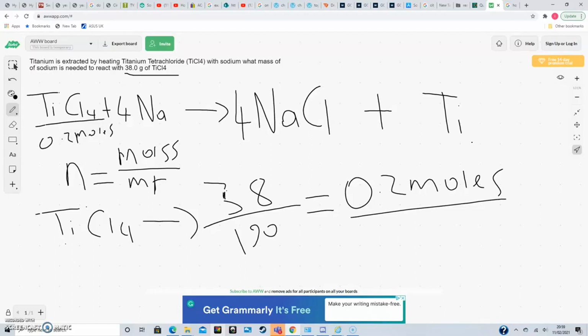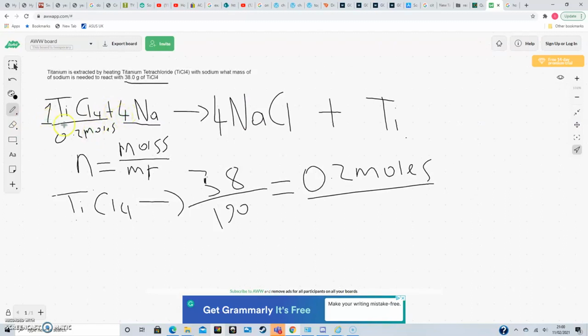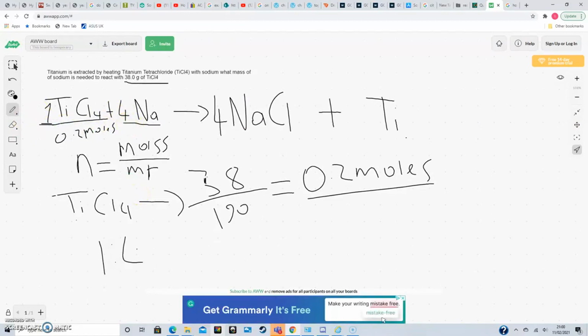Okay. Now, we need to work out what mass of sodium. So this over here, there's an invisible 1, remember? There's a 1:4 ratio. Can you see there's a 1:4 ratio? A 1 is here, and a 4 is here. So sodium will have 4 times the moles titanium tetrachloride has.